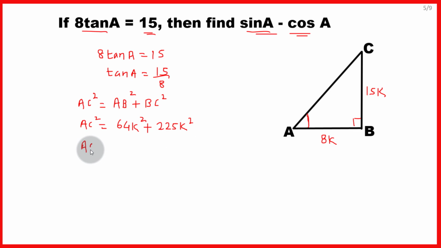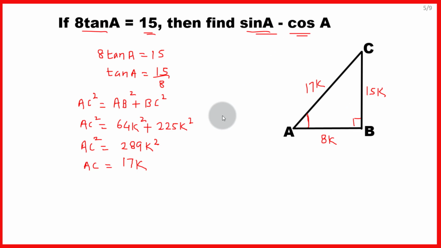And so AC square is equal to 64 plus 225, that is 289K square, and taking square root of both the sides, we will get AC is equal to square root of 289, and that is equal to 17K. So AC we have got as 17K.